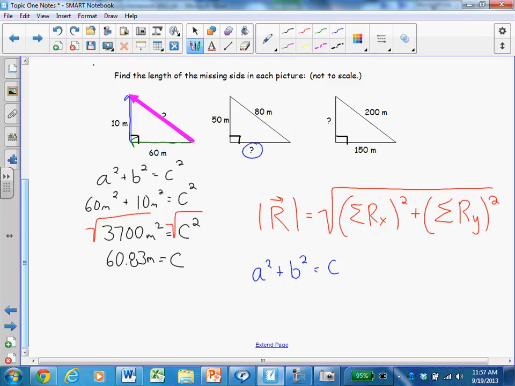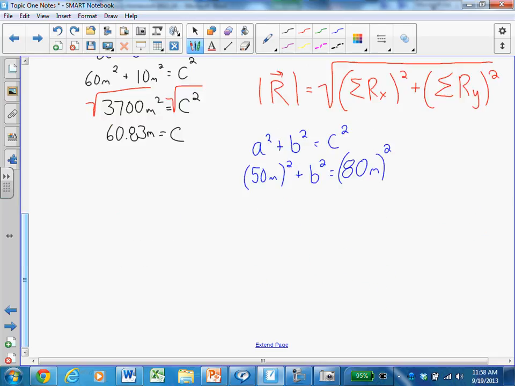So since this is like 50 meters squared, you should be thinking about going to that.